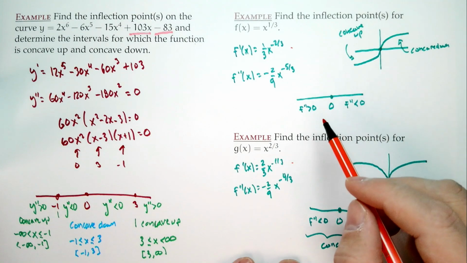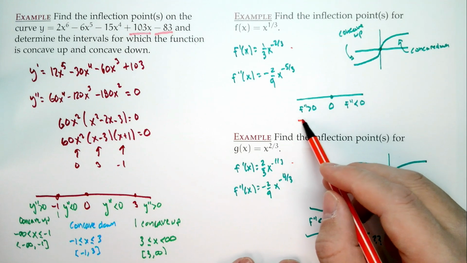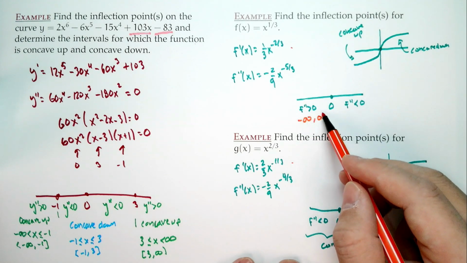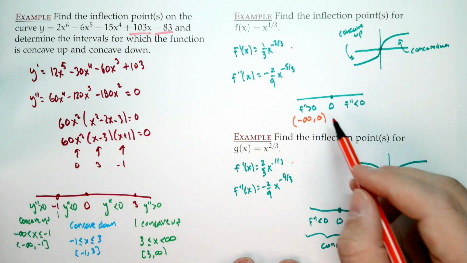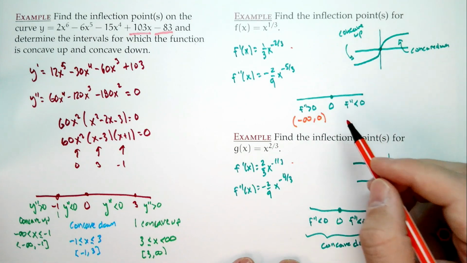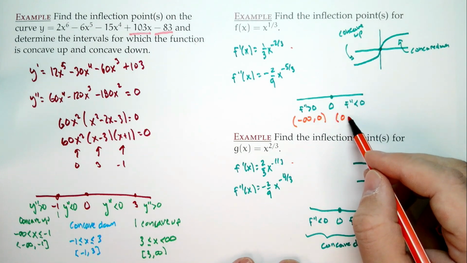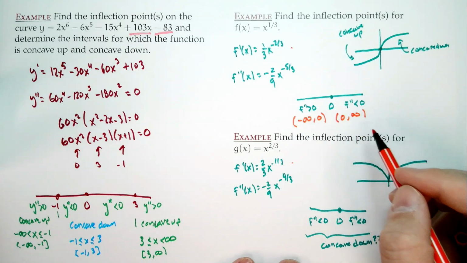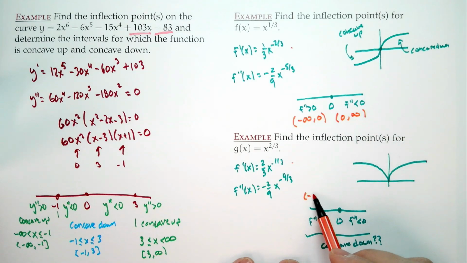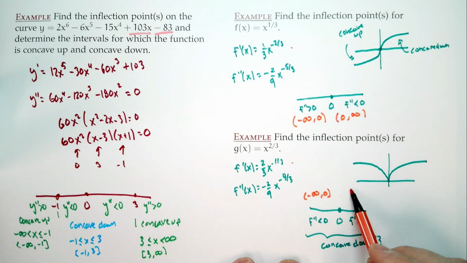And so I can properly say that here I don't want to talk about 0. So this would be a place where I would not include 0, because 0 is not part of the first derivative. And so similarly here, it's concave down from negative infinity up to 0, and it's concave down from 0 up to infinity, but we cannot merge them because the first derivative is undefined at 0.